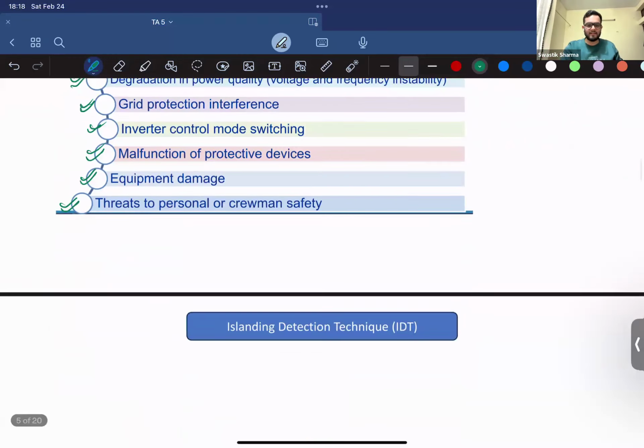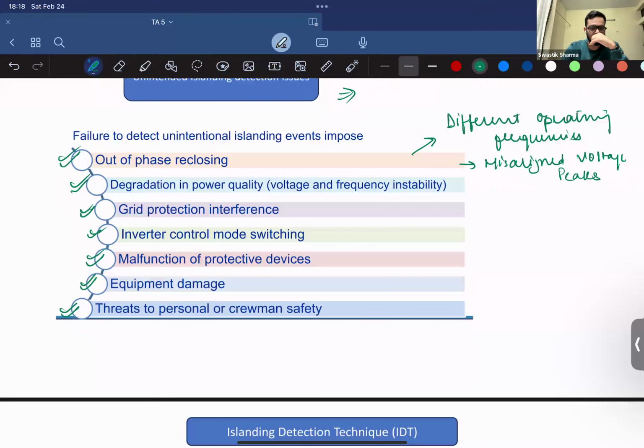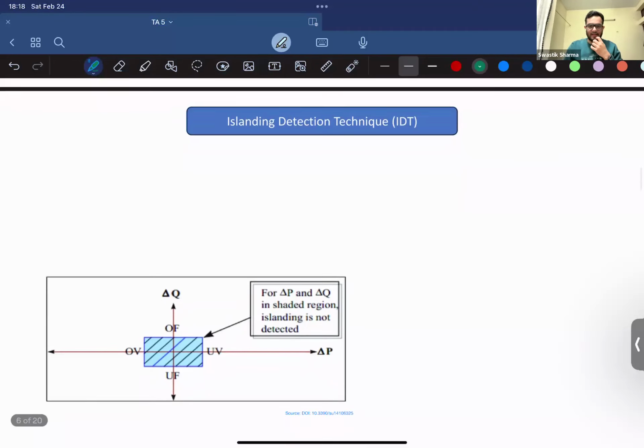So how exactly can we detect this islanding? This is very relevant. To tell that a microgrid has gone islanded, we first need to detect how it has gone islanded. You can't always monitor the PCC and tell whether your main grid is connected or not. So there are a few different techniques.